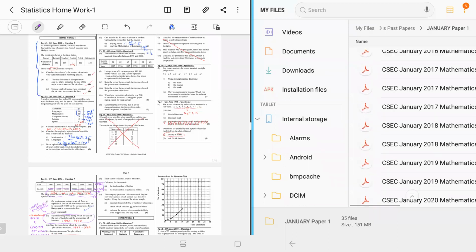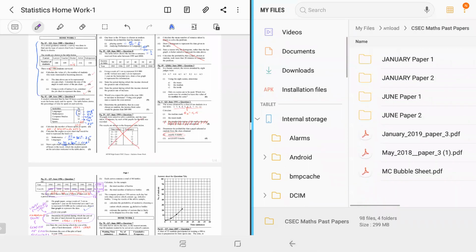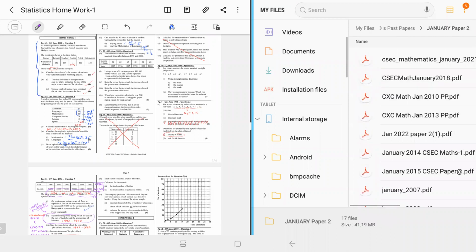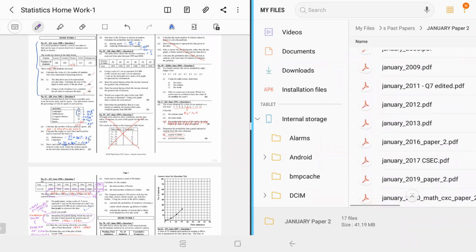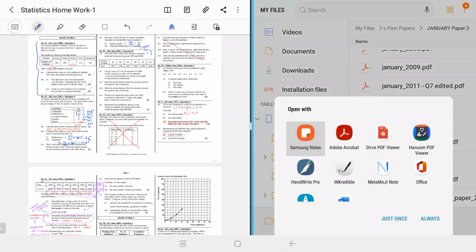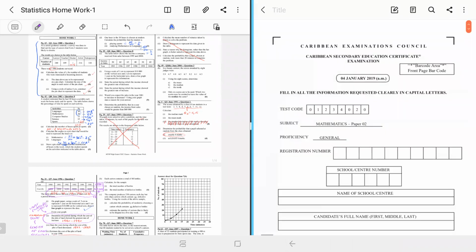Yes, January 2019, I think is the year that set the standard deviation for the first time. It came onto the syllabus, and that is what you're required to do.